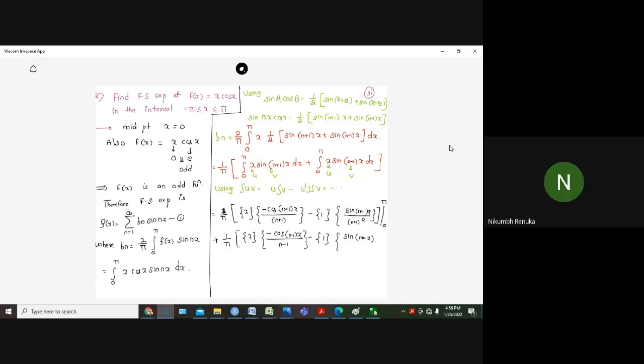Yes sir, so the minus will come, minus sign and minus will become plus then. Yes, no doubt. And then limit 0 to pi. I'll write the remaining part on the next page.